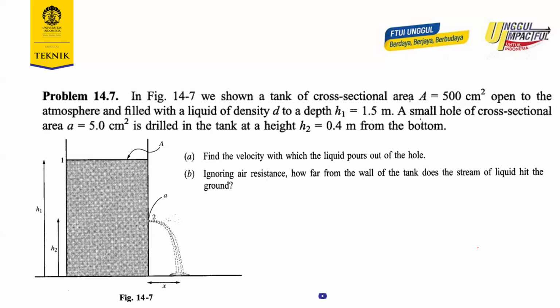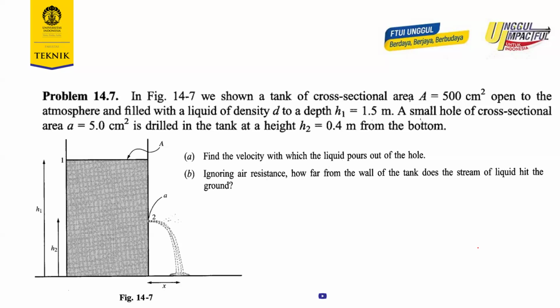Okay, so this one for this problem, we can calculate the velocity by the equation, g times h1 minus h2. We put h1 as 1.5 and h2 as 0.4, so the first result is 4.69.